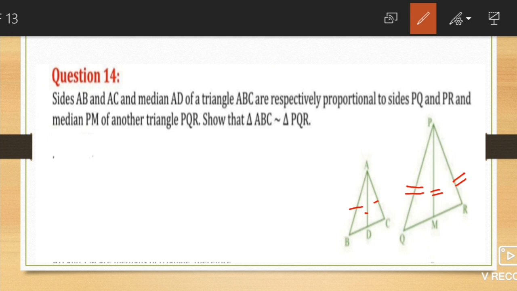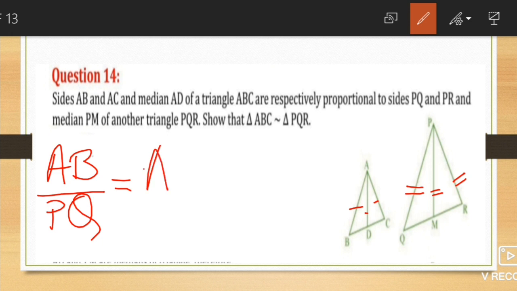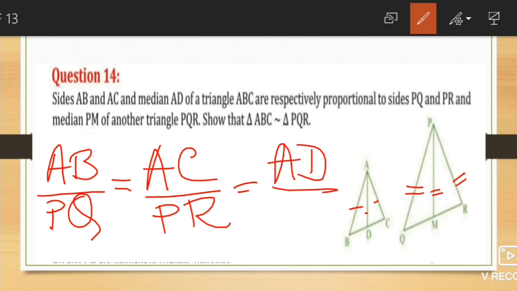That means AB by PQ is equal to AC by PR is equal to AD by PM. This condition is given. You have to show that triangle ABC is similar with triangle PQR.